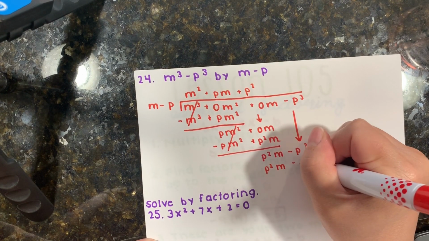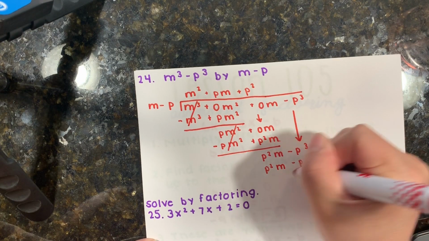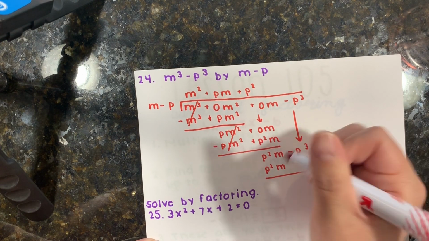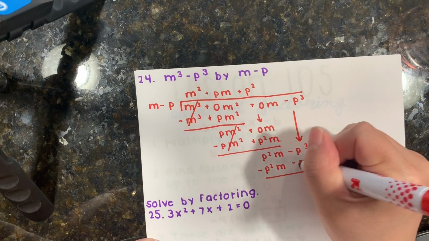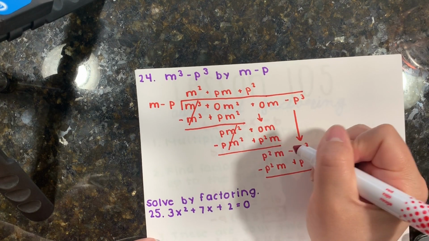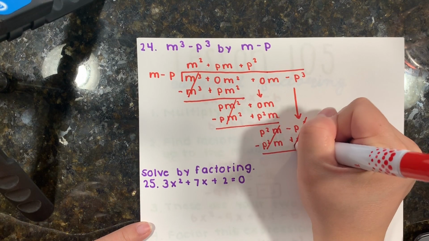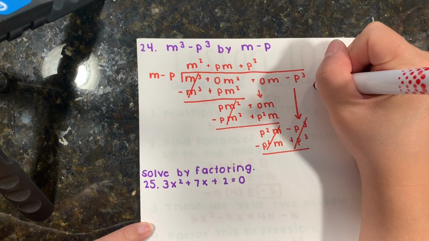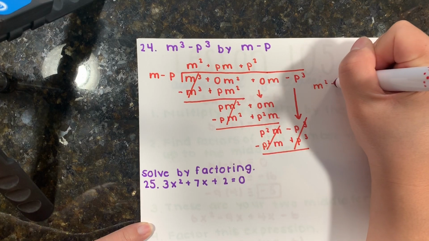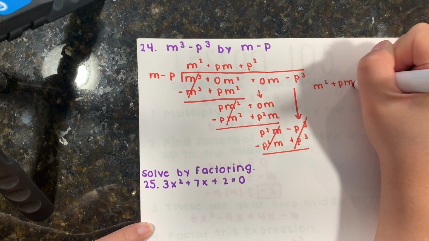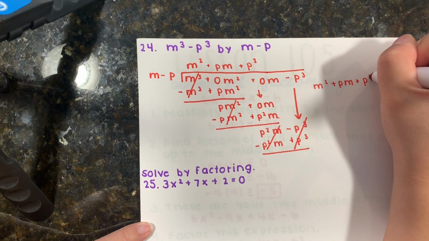Multiply the p squared times negative p would be negative p cubed. Again, you're changing the sign, so that becomes negative, this becomes positive. Not only is your p squared m canceling, but your p cubed also cancels, leaving you with an answer of m squared plus pm plus p squared.